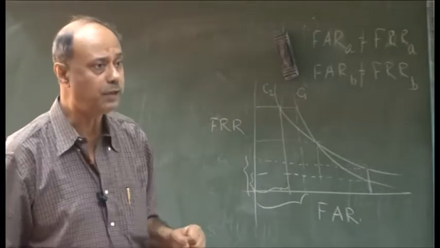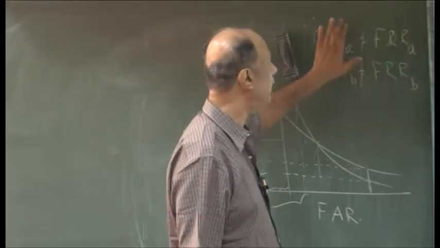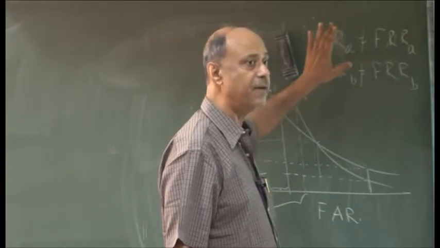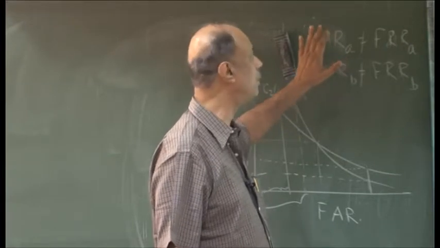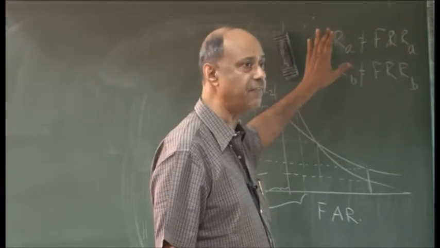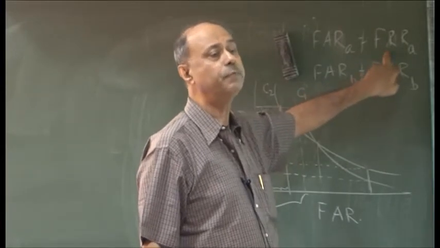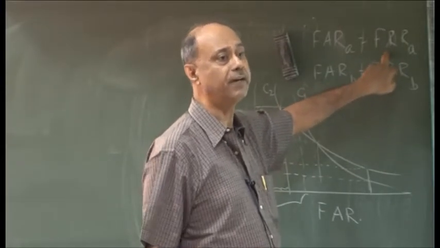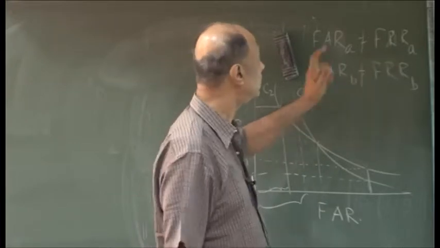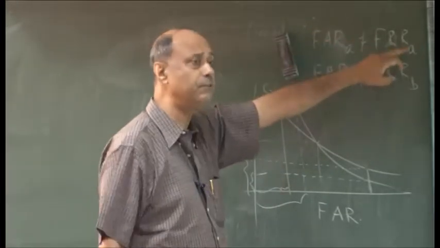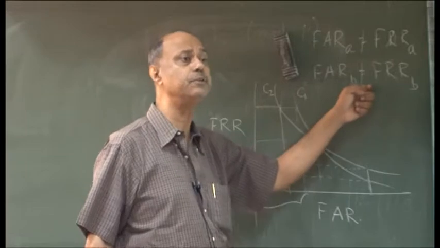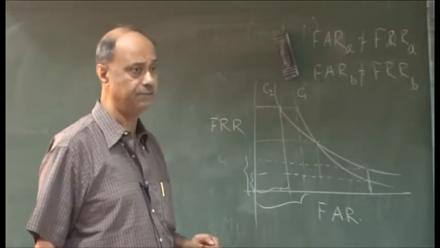It is difficult. So what we are telling is, let us make it fixed. But if I make it fixed, you face another problem, because under that fixed FAR, my algorithm may not be giving you a good FRR. But for some other FAR, maybe my algorithm is better, but his algorithm is not better because of this scenario.